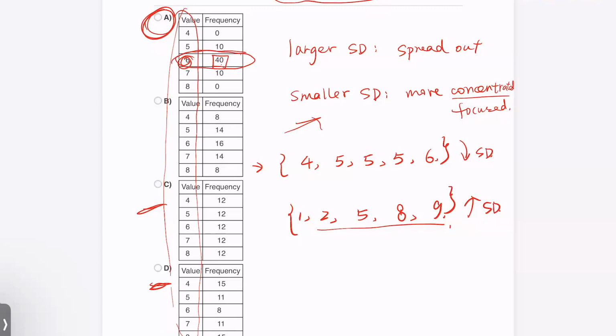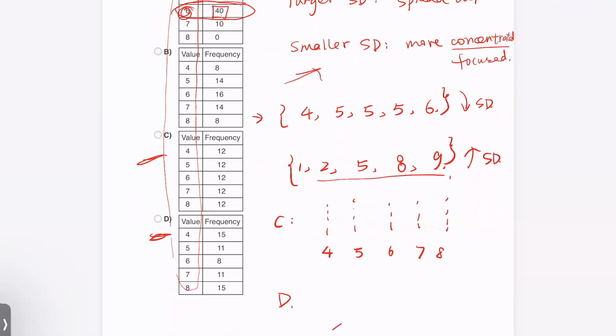I'm now asking you, if I change the question into which one represents the largest SD, then which one is correct? C or D? I'm going to try to show you with the dot plot. For option C, it's 4, 5, 6, 7, 8, all the same, even.